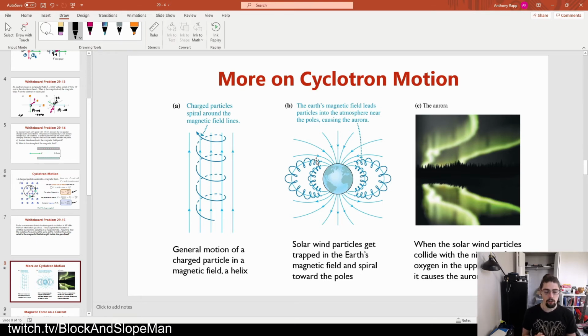Would other planets in our solar system have auroras in the same way? It depends on whether or not they would have. So you need two things for it. You need both. You need an atmosphere, and you probably should also have a magnetic field that's strong enough to divert some of those particles.